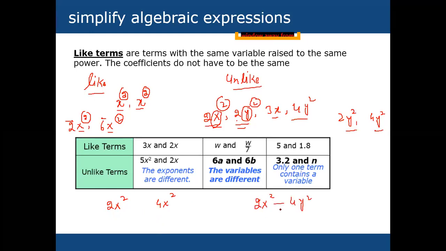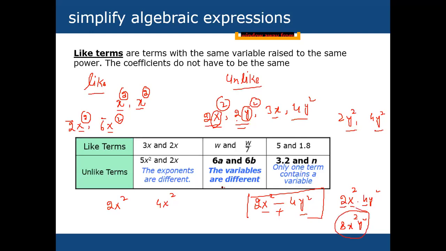You cannot simplify this one, because one is x square and the second is y square. So this will stay 2x square minus 4y square. You can take 2 common between these, but you cannot add or subtract them. You can multiply and divide. If you multiply 2x square with 4y square, coefficient with coefficient, 2 fours are 8, then we have x square and y square.